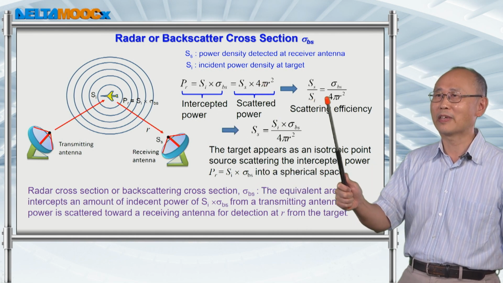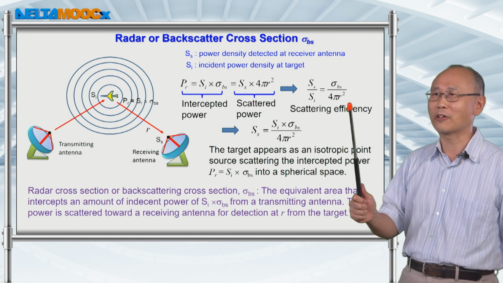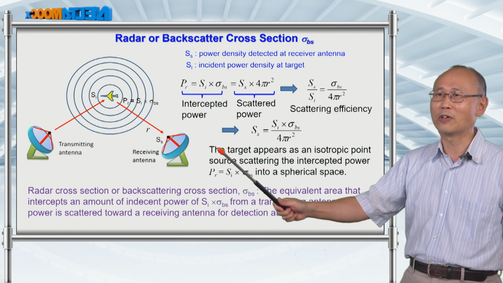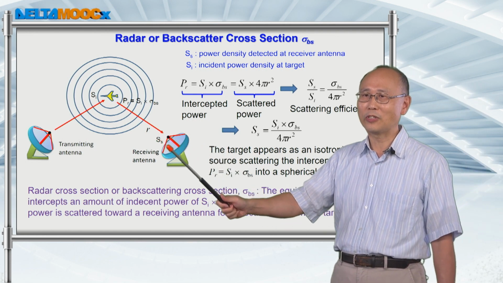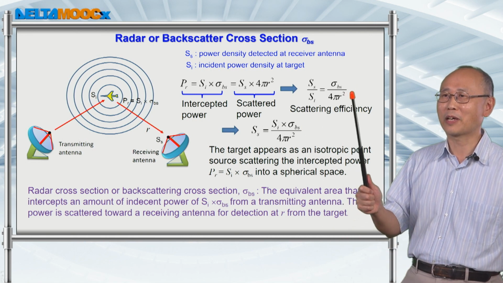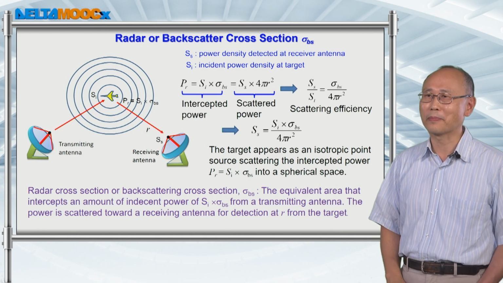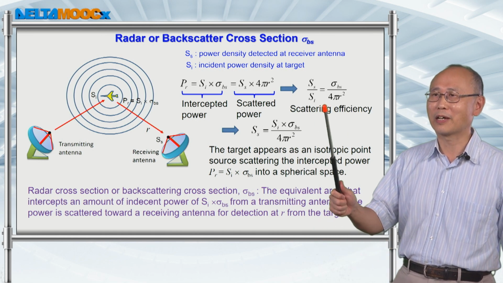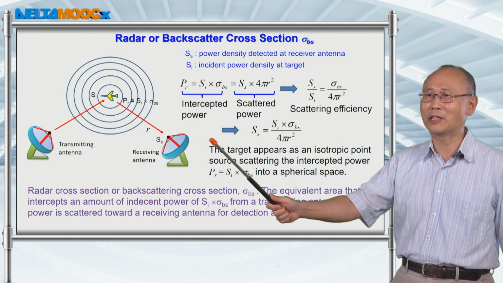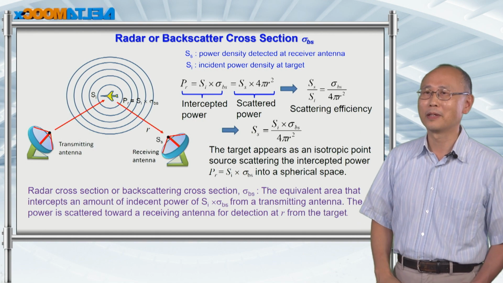And then you end up having an expression to be sigma BS, which is the radar cross-section, divided by the area of the spherical wave reaching this receiving antenna. So apparently, this is a comparison of the areas, and we call this the scattering efficiency. And from this expression, you can also define the power density reaching this receiving antenna to be this expression.